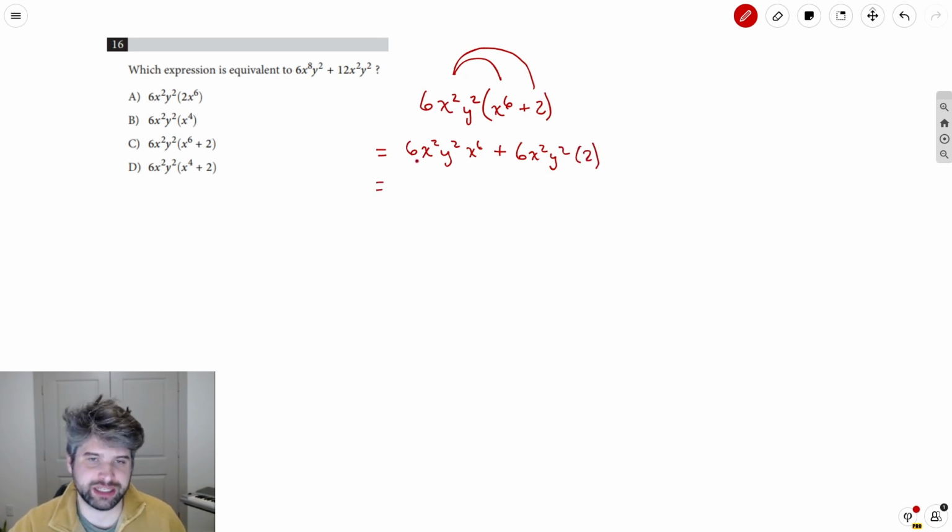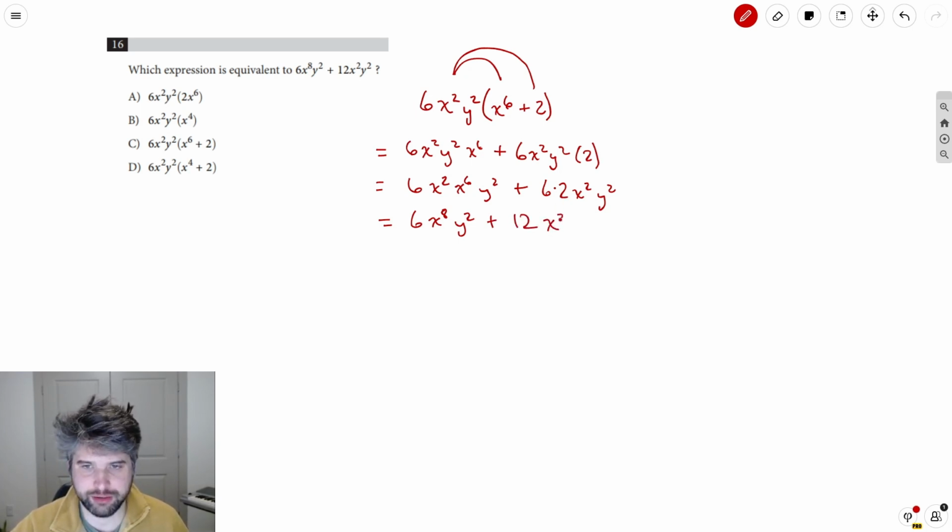Let's rearrange these factors. I'm going to start with these factors. Let's say 6x squared x to the 6th y squared plus, I'm going to write the 6 and the 2 next to each other, 6 times 2 times x squared times y squared. And that's going to equal, we're going to multiply these out. So we get 6x to the 8th y squared plus 6 times 2 is 12, x squared y squared.